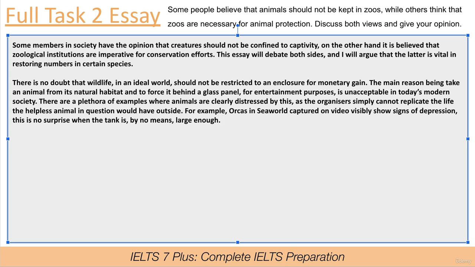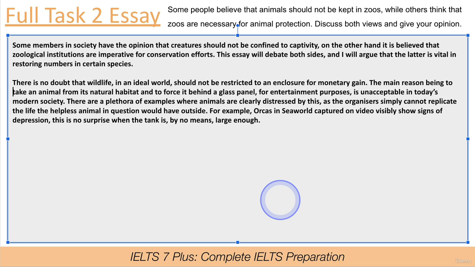Okay, let's read this back and see how it sounds. There is no doubt that wildlife in an ideal world should not be restricted to an enclosure for monetary gain. The main reason being to take an animal from its natural habitat and to force it behind a glass panel for entertainment purposes is unacceptable in today's modern society.